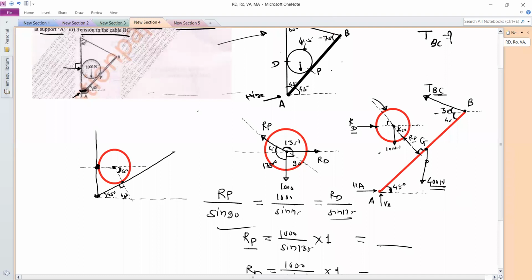Okay, that weight is 400 Newton. Okay, so it will act exactly in downward direction. Now you can take the moment about the point A. Okay, and from this you can find out the tension BC.